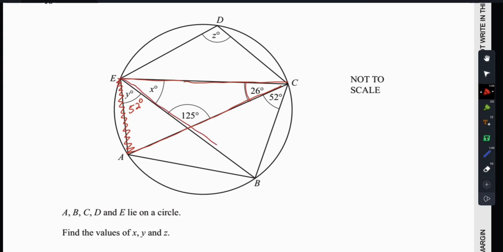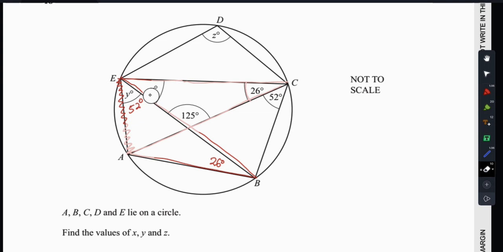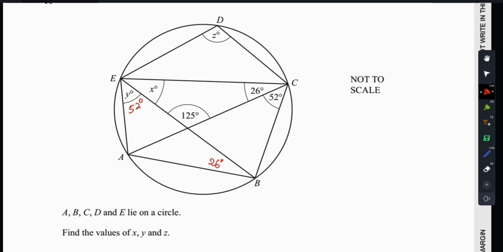Then again, from the same chord, we have this angle at the circumference. This is also 26 degrees. Those lines must go. Super. So that's 26 degrees here.